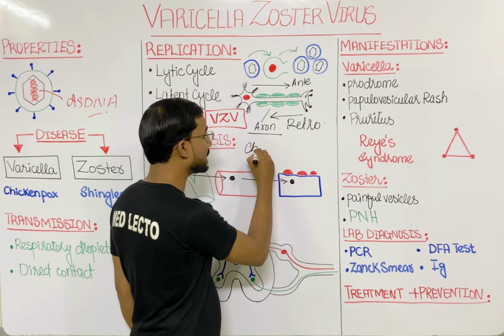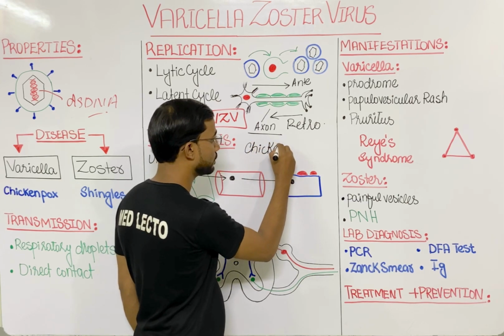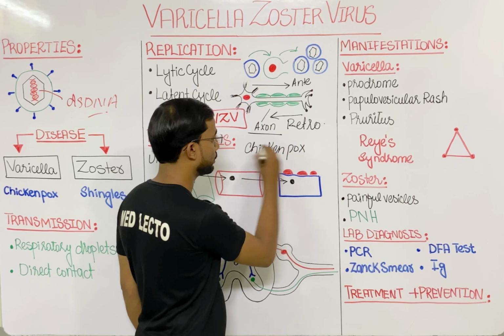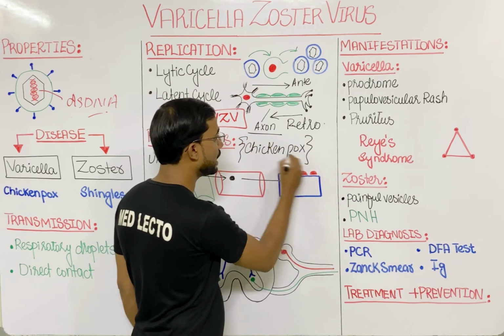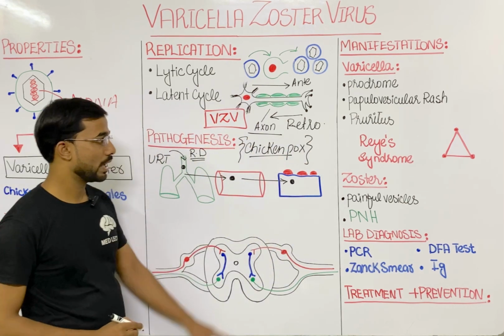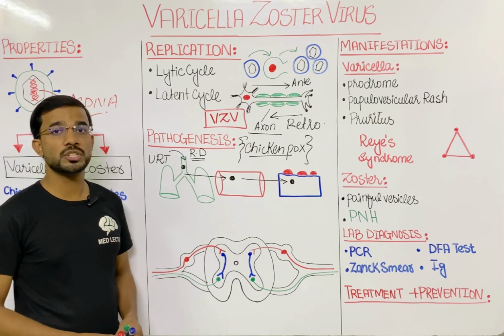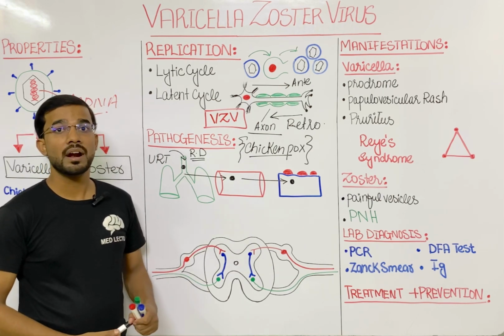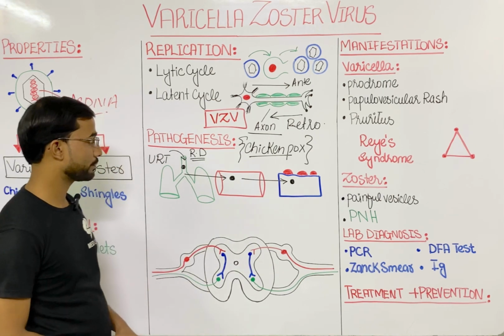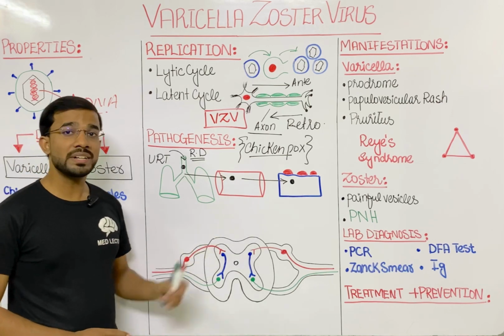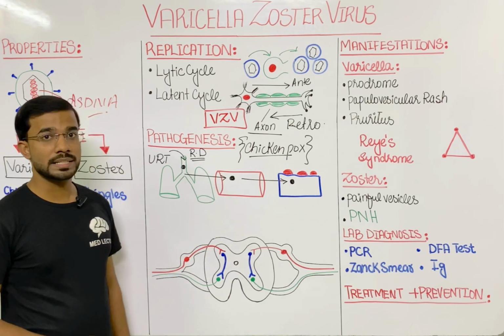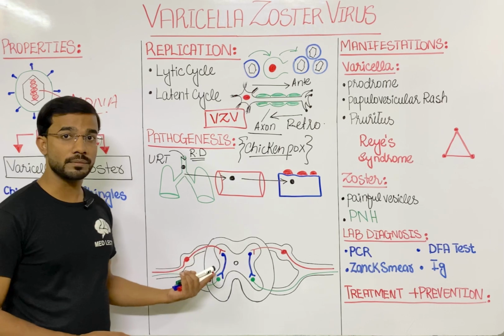This is mostly seen in chickenpox. That is actually the primary infection. In the chickenpox, you will see the formation of the vesicular rash.